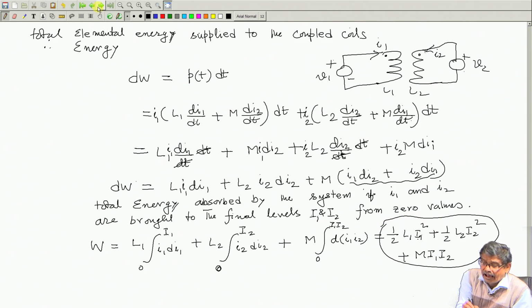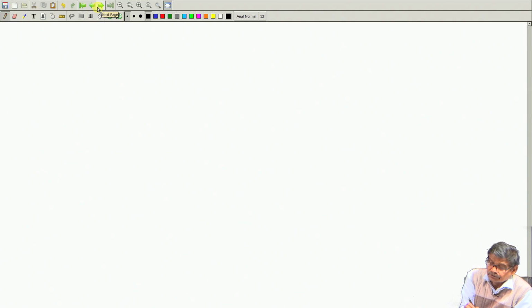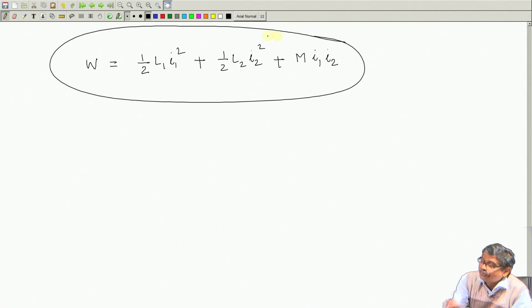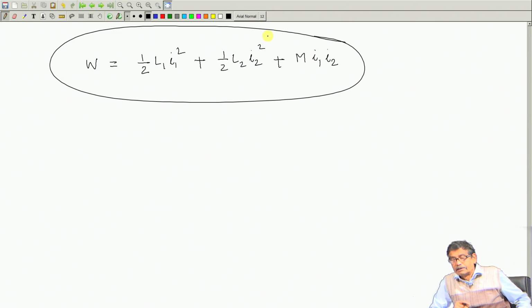In general, the energy stored at any instant, if the current in the first coil is small i1, plus half L2 i2 square is the current in the second, then M i1 i2 will be the total energy stored in coupled coils.